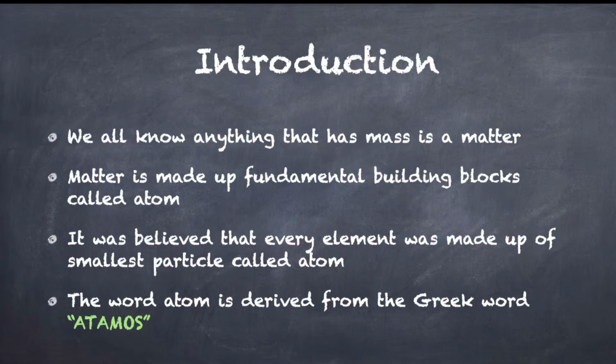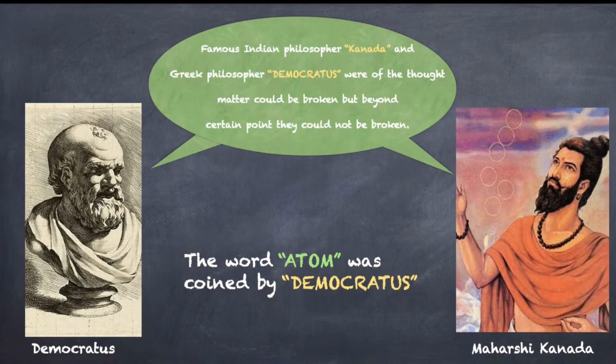Many people in those days, especially the philosophers and the scientists, were working on the atoms. Among them, a famous philosopher from India named Kanada and a great philosopher named Democritus believed that matter was made up of atoms and these atoms could be divided to a certain extent.